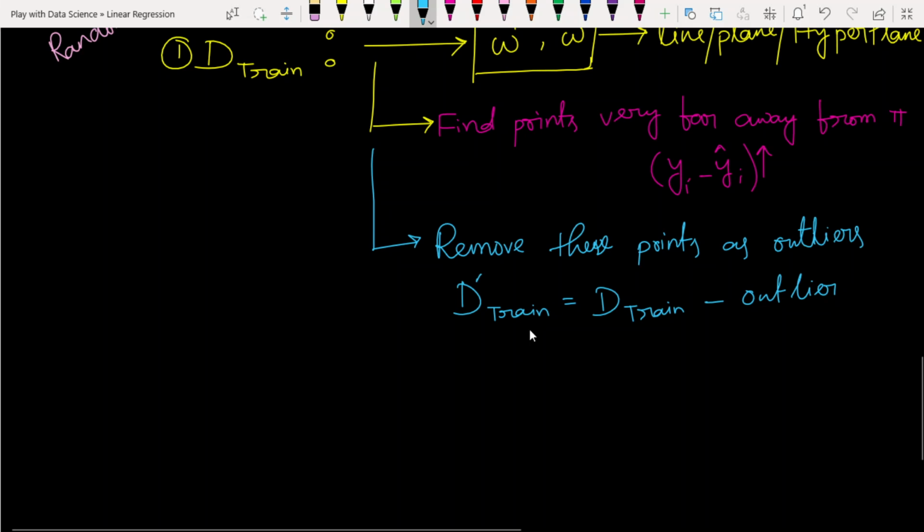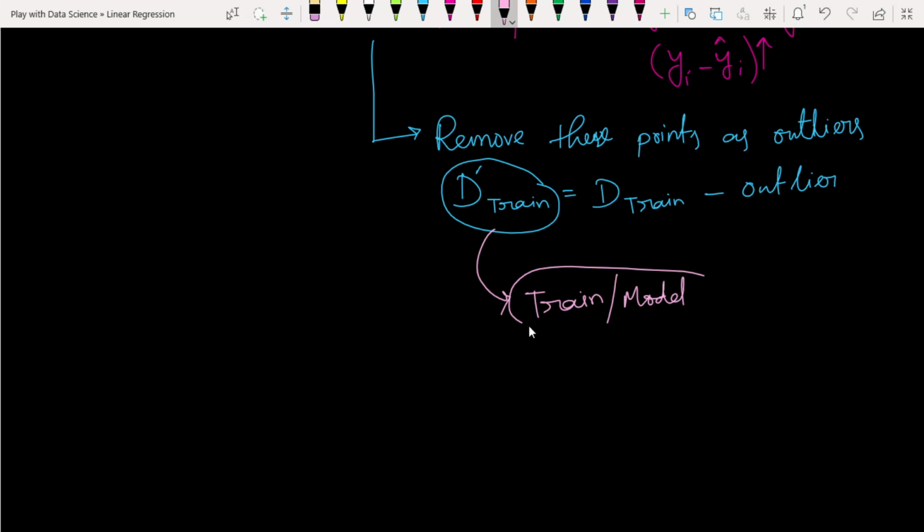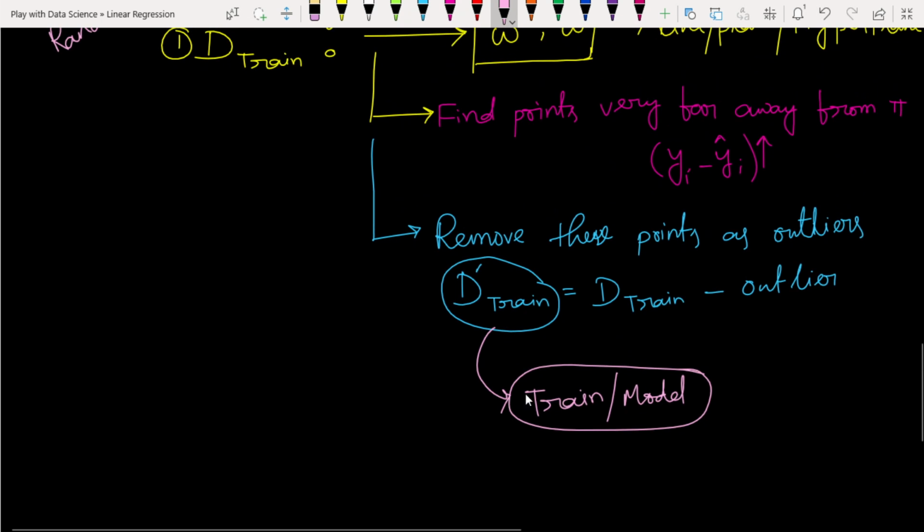Now using this data set, we again train our model, again train or build our model. Then we repeat this again.